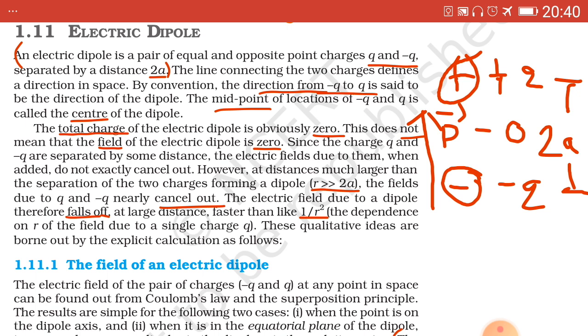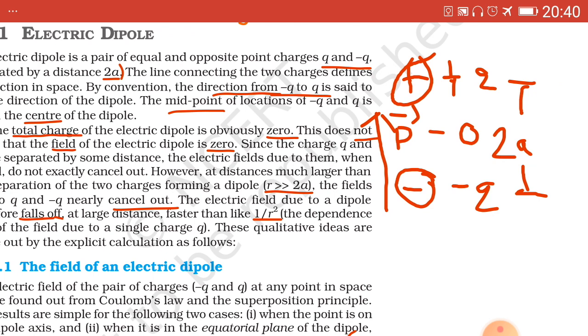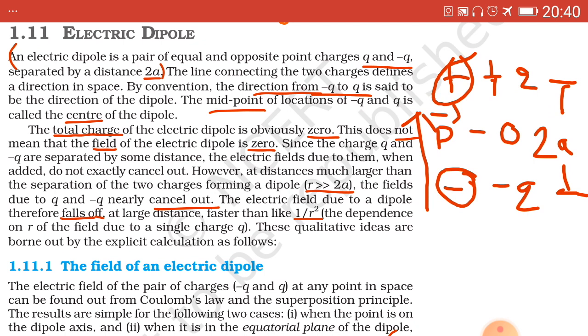Again I repeat, vector p equal to q charge into bracket 2a vector distance into p hat. P hat is the unit vector. Hence SI unit of electric dipole moment is coulomb into meter, that is C m.